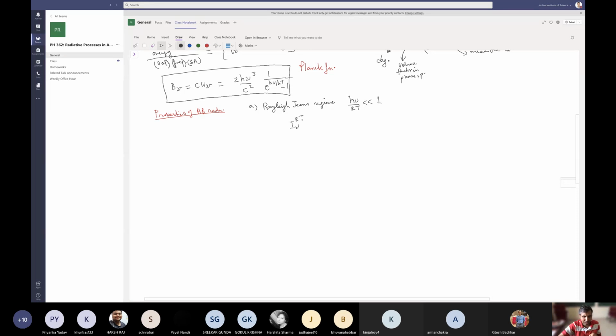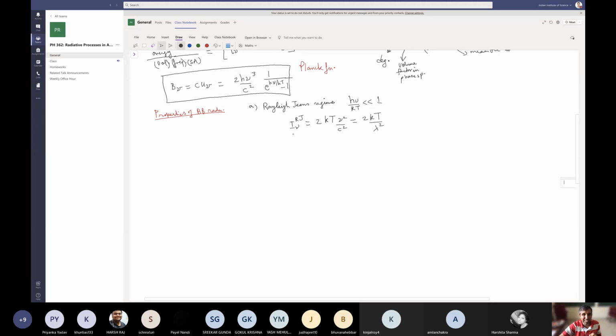If you look at the Planck formula and expand it for h nu much less than kT, you have 2h, so this just becomes twice kT nu squared by c squared, or equal to twice kT by lambda squared, because lambda is equal to c divided by nu.